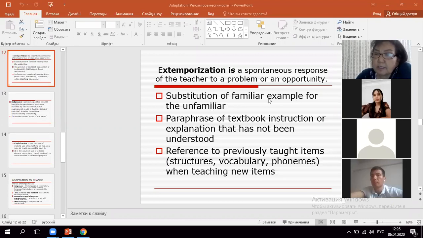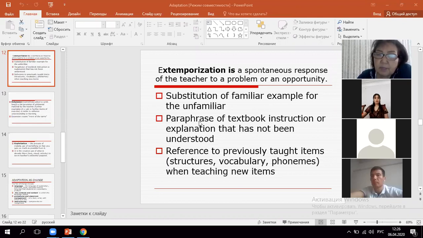We see that the examples given in the material, in the exercise, are quite familiar for our learners. For example, this is a book, this is a pen, quite familiar examples. And you want to change them to unfamiliar examples in order to give our learners more opportunity to enlarge the vocabulary.